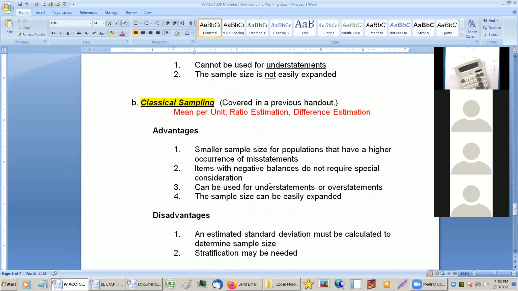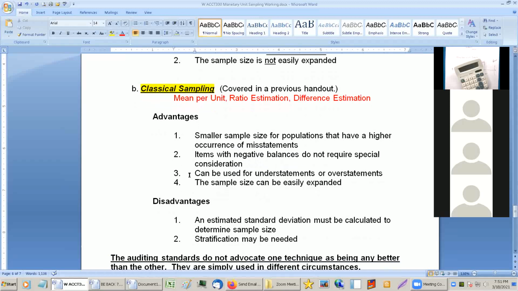Items with negative balances do not require special consideration. Usually you won't have negative balances in anything, but if you did, it wouldn't be a problem. If you had a negative balance in, say, accounts receivable, it's really an accounts payable. So usually you don't have negative balances.